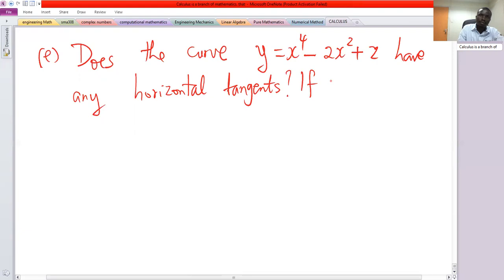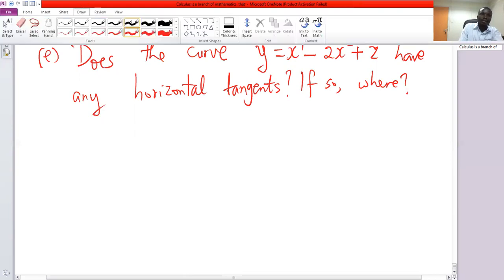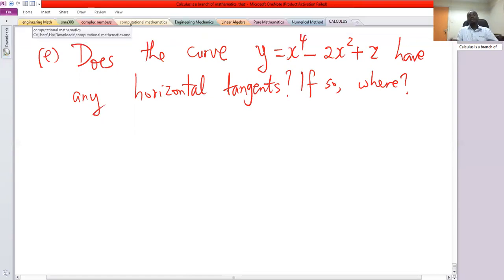If so, where? This is a good problem. It requires us to find the derivative and then know that for horizontal tangents, the value of the gradient, the derivative, should be 0.